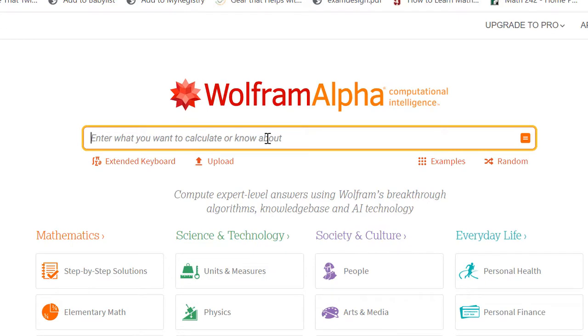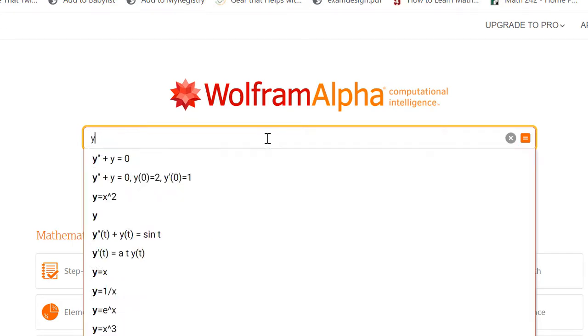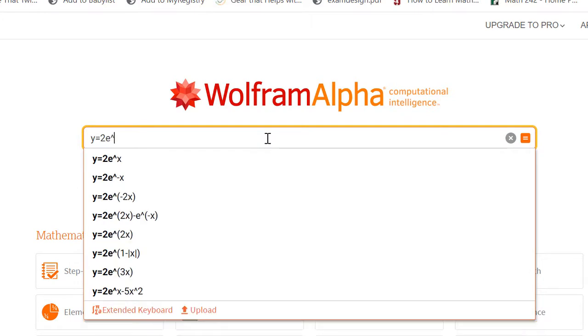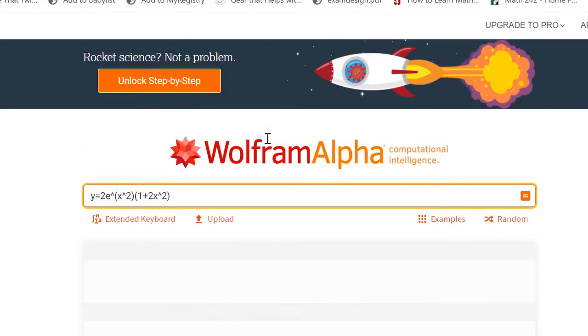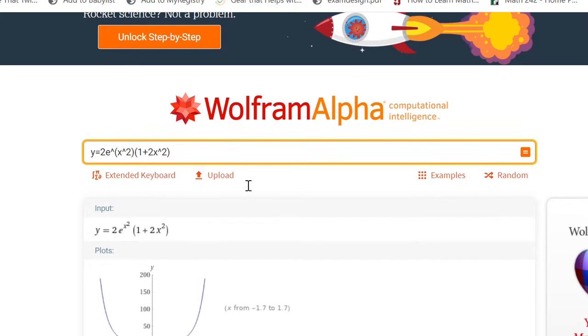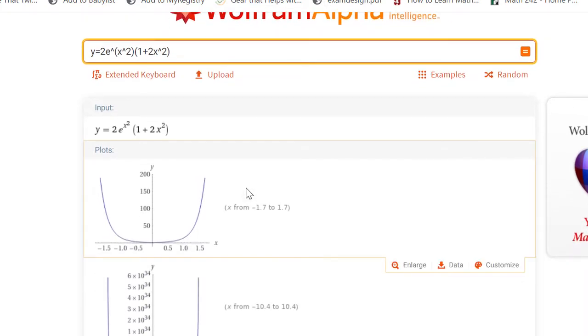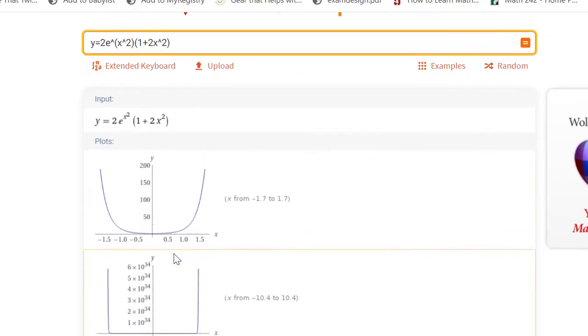Let's take a look. We're going to graph y equals 2e to the x squared times 1 plus 2x squared. You notice how from 0 to 1, it looks like our function is strictly increasing, and it's continuous on that whole interval.